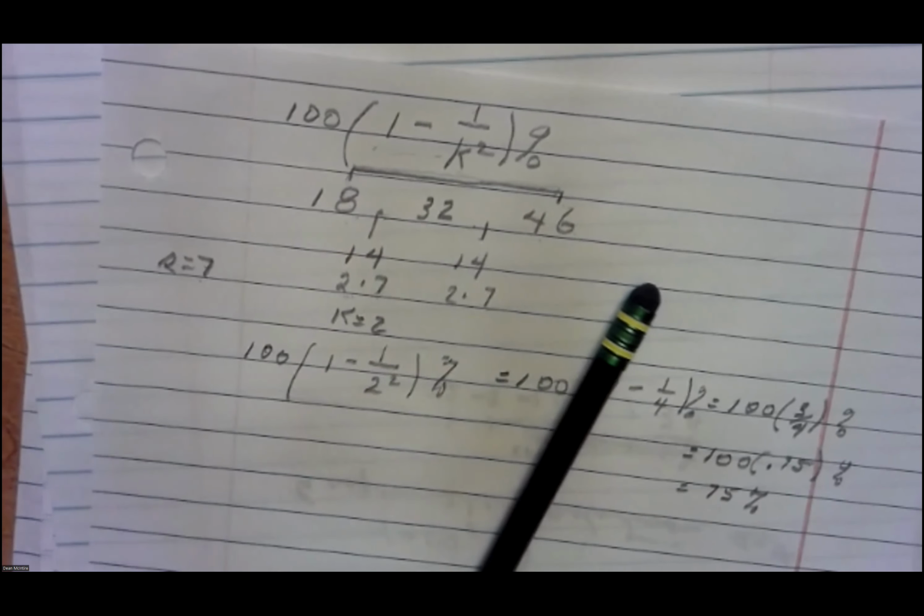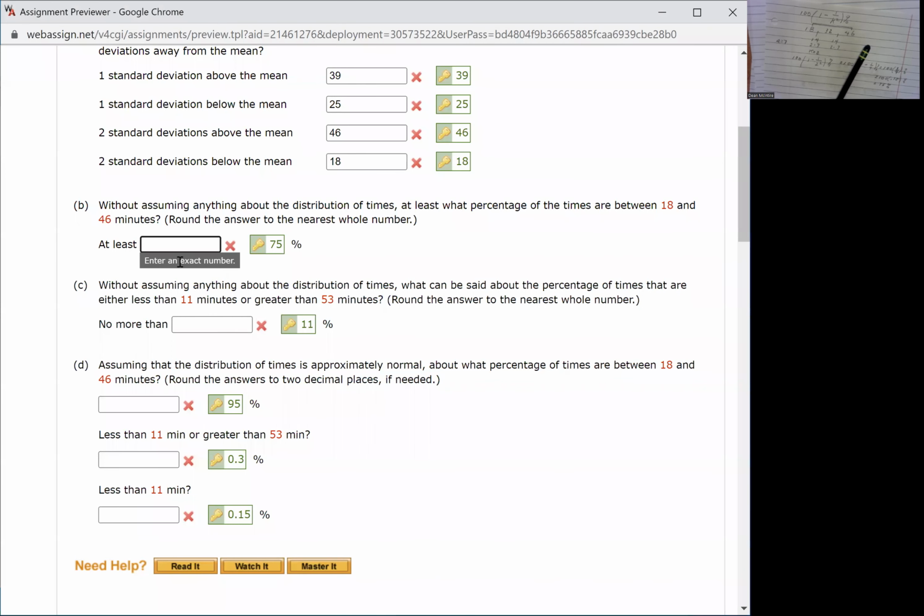So if we go back to our problem, we have at least 75%.